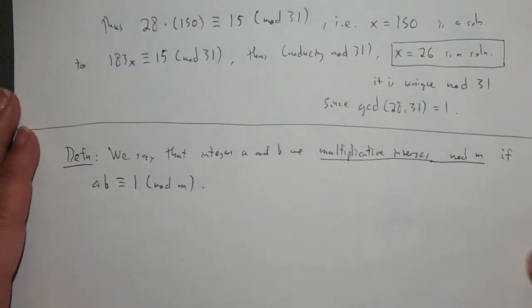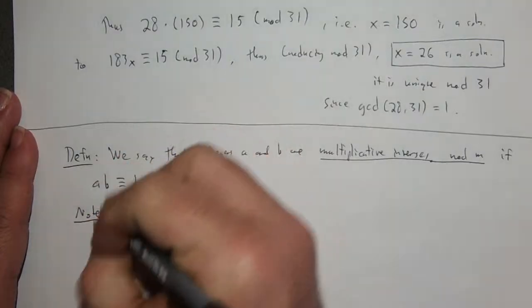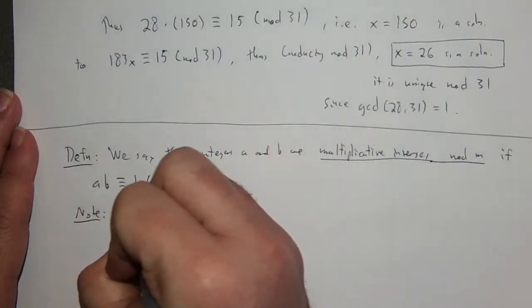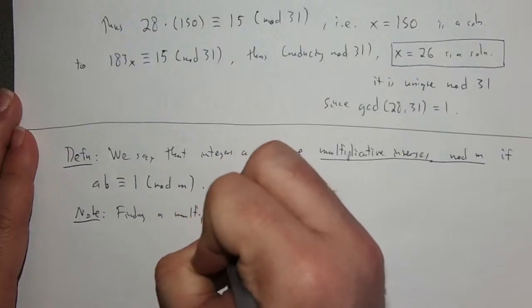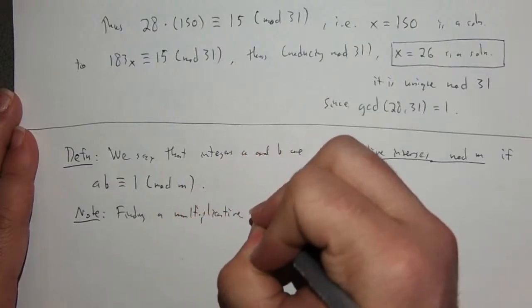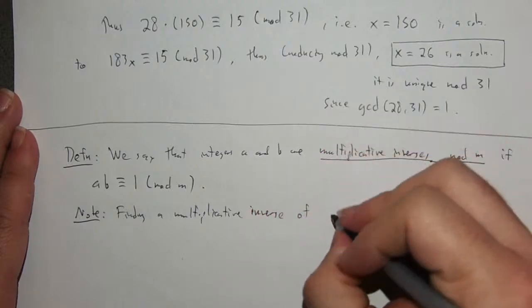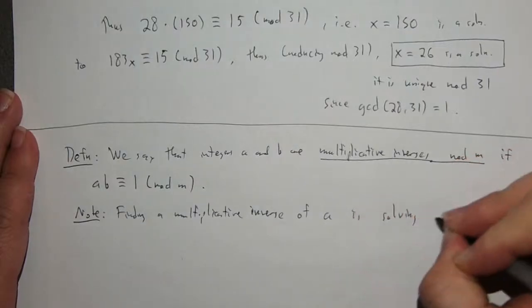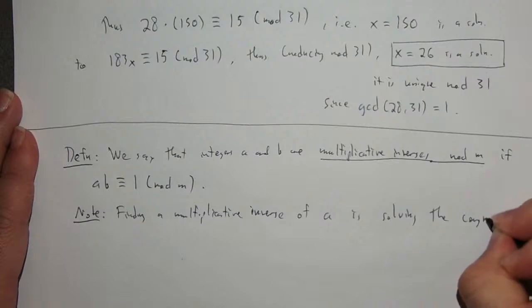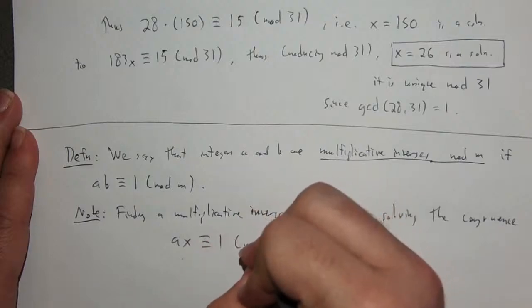Anyway, how does this relate to what I just did? Note finding a multiplicative inverse of a is solving the congruence ax is congruent to 1 mod m.